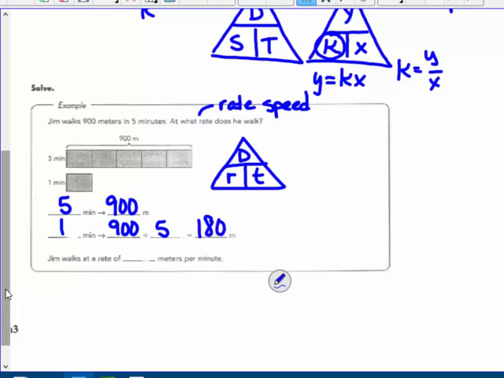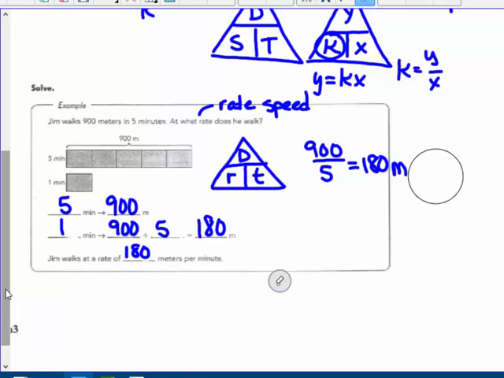So Jim walks at a rate of 180 meters per minute. Taking my distance of 900 and dividing it by my time of 5 minutes gives me my rate of speed of 180 meters per minute.